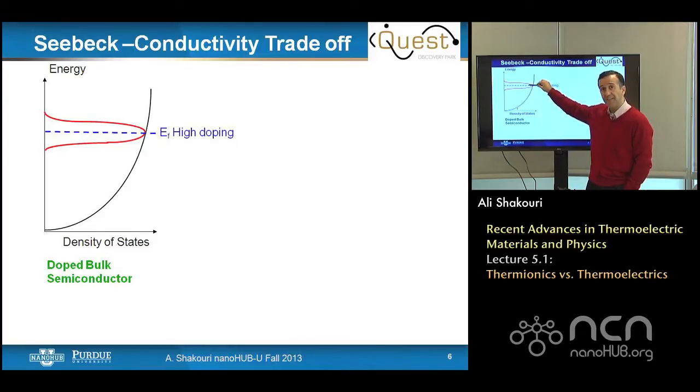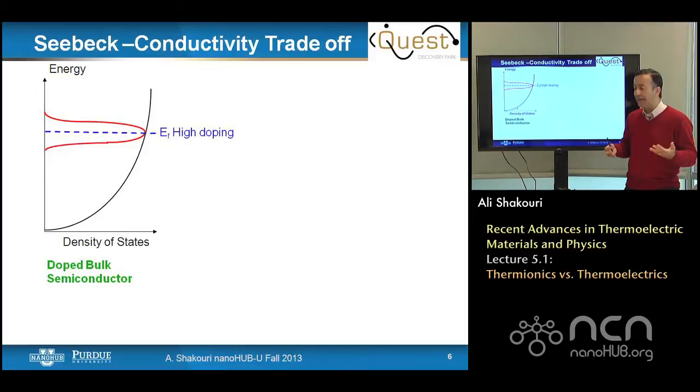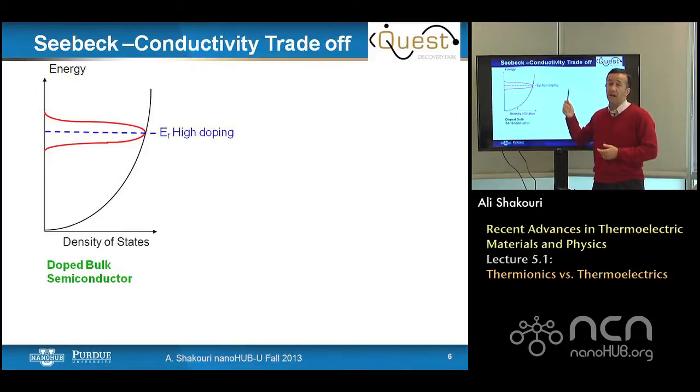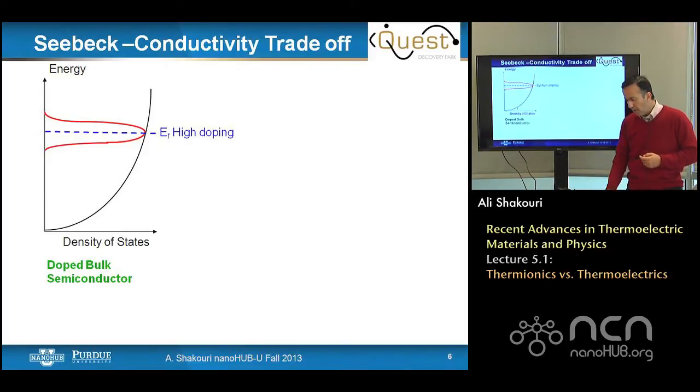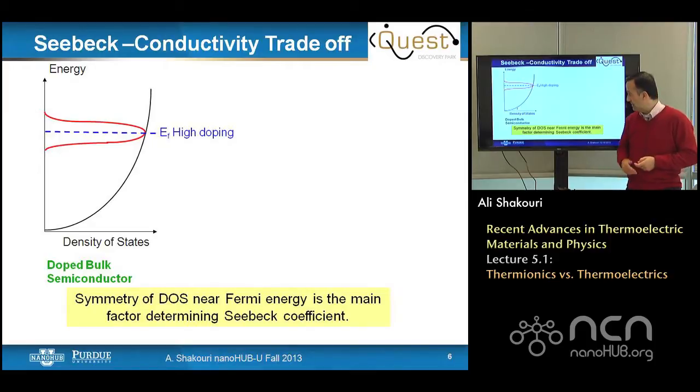That means the effective Seebeck coefficient, the average energy of moving electrons with respect to Fermi, is almost zero. And that's a challenge, how to get high conductivity and high Seebeck at the same time. Conceptually, then, as I mentioned, symmetry of density of states near the Fermi energy is a key factor.